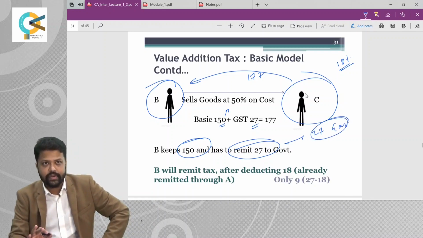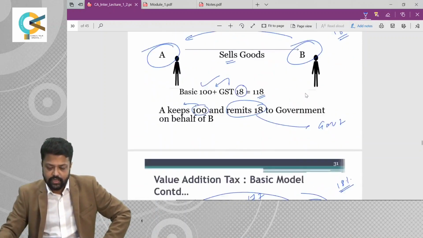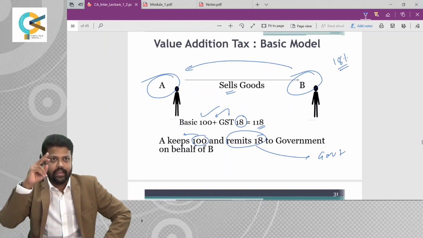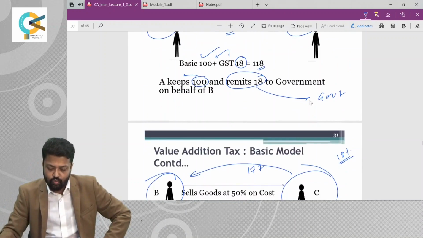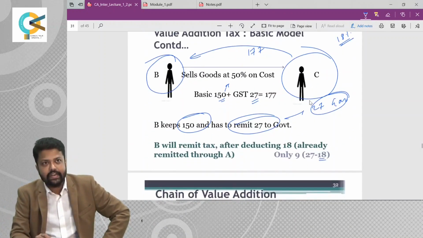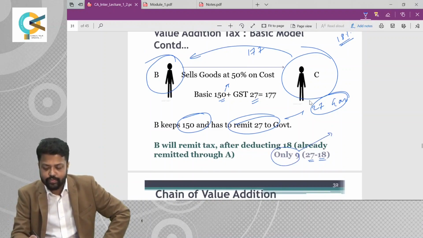Ideally he should remit 27 to the government, but here is a catch. He has already remitted rupees 18 to the government. How? Through Mr. A. So what he will do is reduce that 18 from the 27 rupees and only remit 9 rupees to the government.